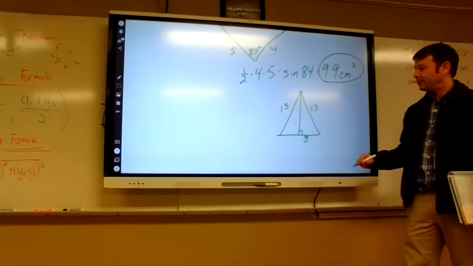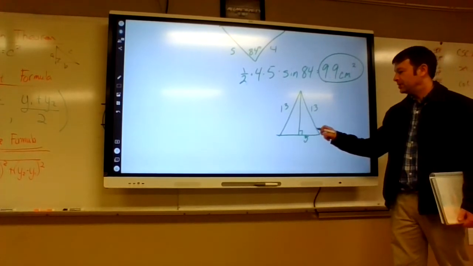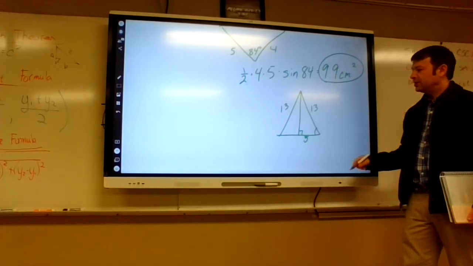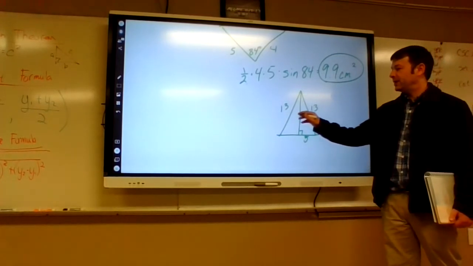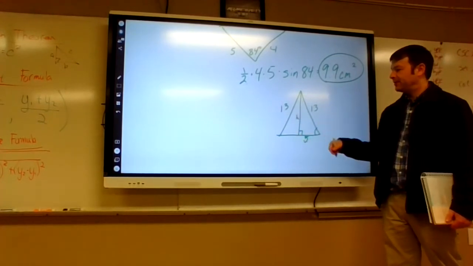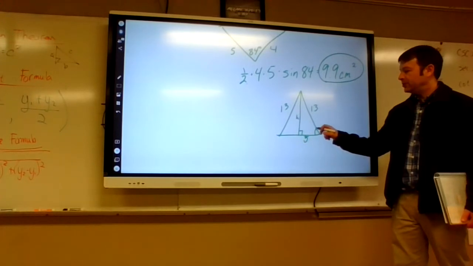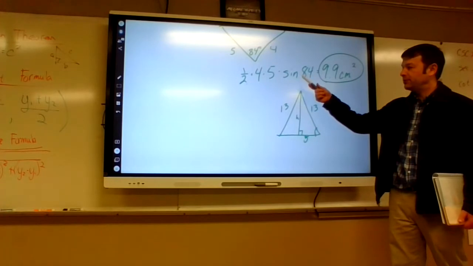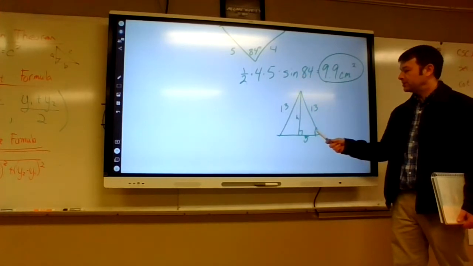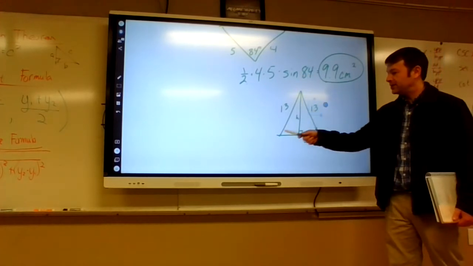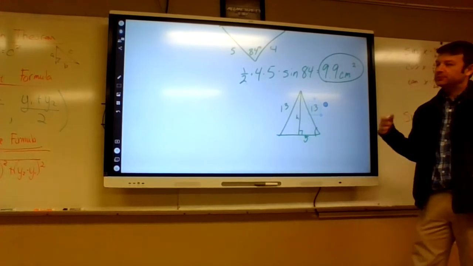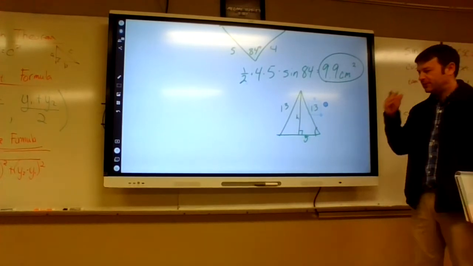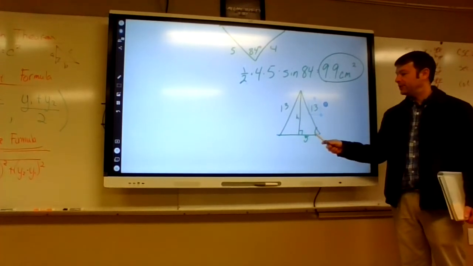Now, there's actually a couple ways you could do this. You could use Pythagorean theorem to find the height of the triangle, then do base times height divided by 2, or we could find this angle right here and use that formula. Once you have an angle, you do side times side times sine of the angle divided by 2. How could we find this angle?